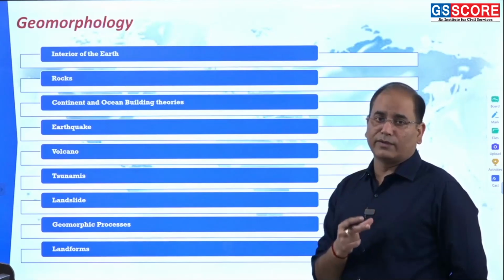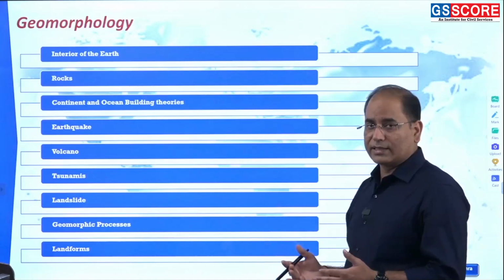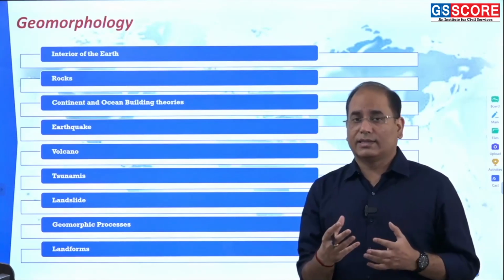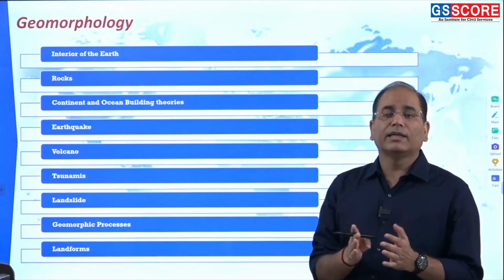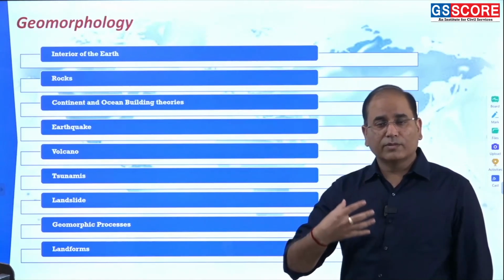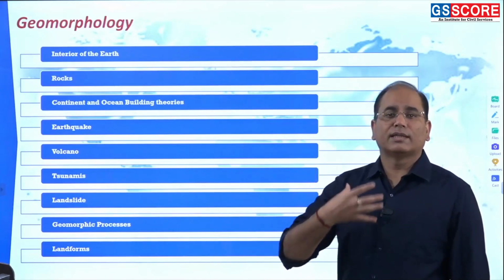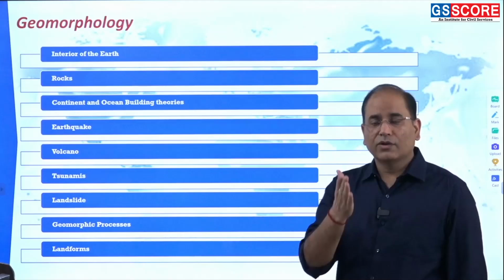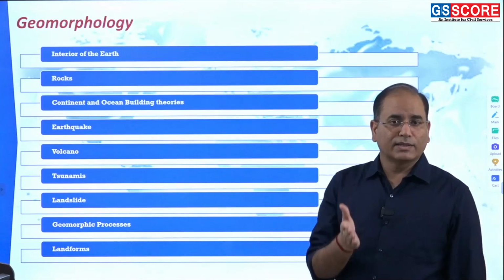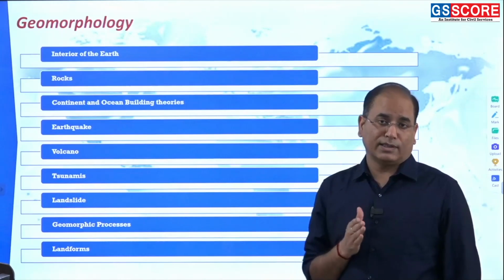So, these are the plate boundaries that you are supposed to study, and along with that the different landforms. Landforms are more important for your GS purpose. In case of GS, their orientation is not much to check your direct knowledge. So, rather than directly asking you to discuss the plate boundary, their focus will be more on asking questions like how the mountains are formed on the surface, why the mountains are located where they are present, why the mountains are present on the margins of the continent.